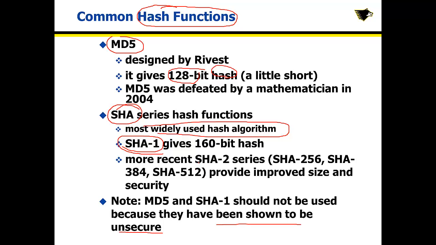Currently, the most used is the SHA-2 series. There are SHA-256, SHA-384, and SHA-512. They provide improved size and security. But this kind of function is sort of complex, so I don't want you to know the details here. But you will know we have several ways to define hash functions.